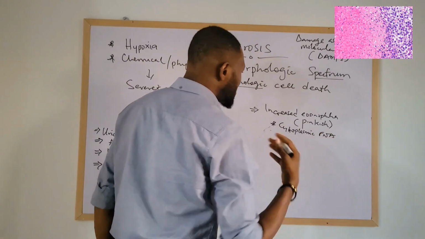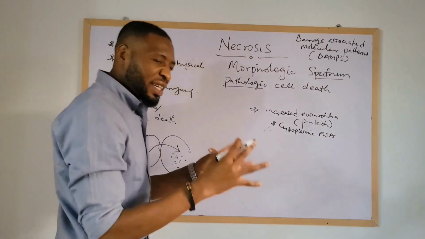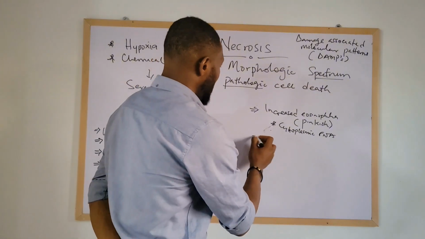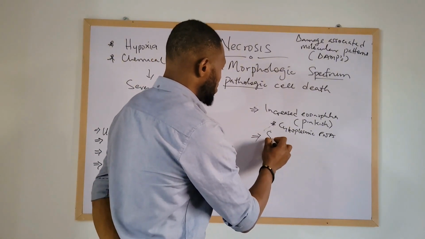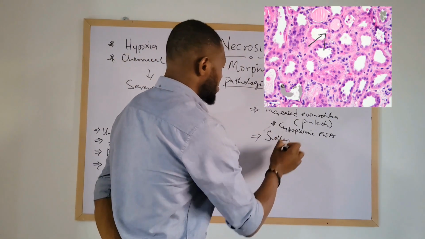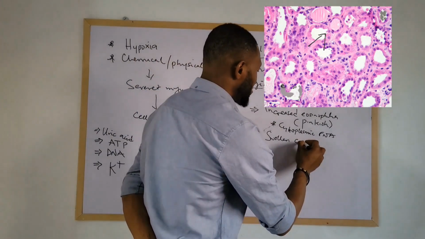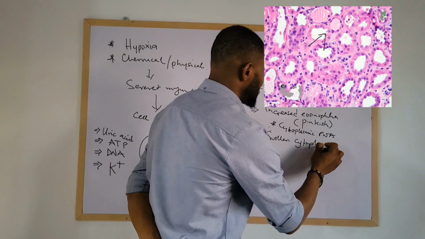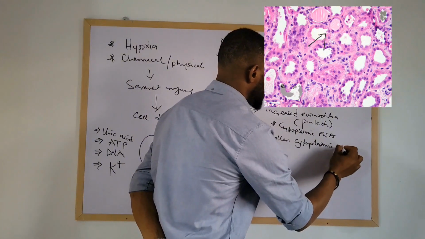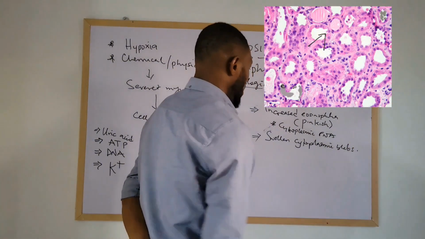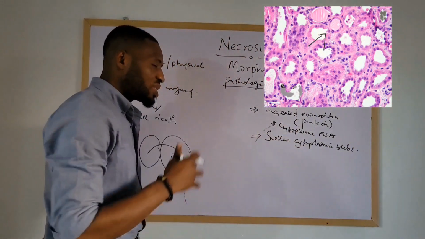Okay, and if the cell is still retaining its structure, usually the cell is swollen, with cytoplasmic blebs. So these are some of the things we see in the cells.